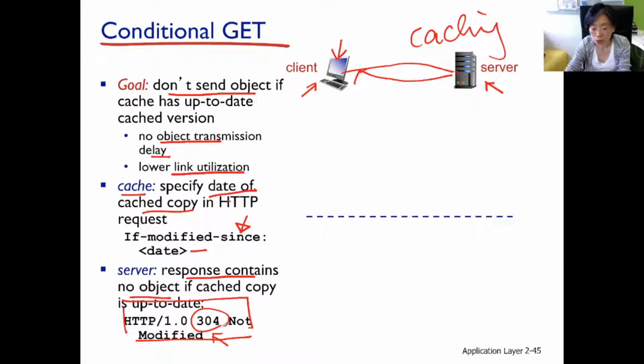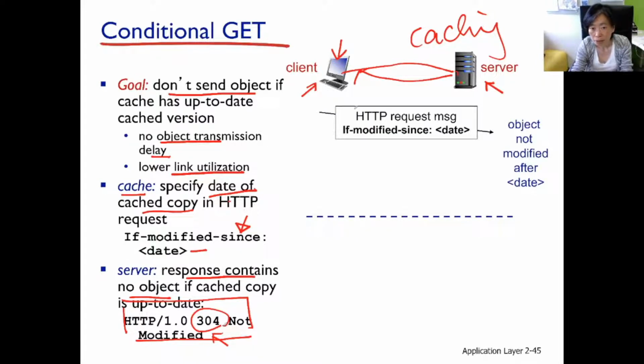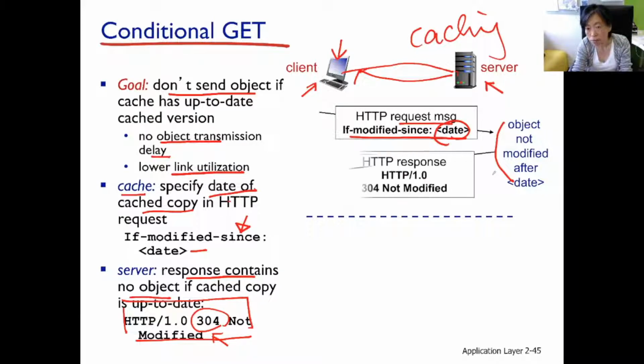And the way it works is more like this. Let me illustrate. The second time, the client requesting the web object sends a request message with this in the header line: If-Modified-Since, the date the page was downloaded the previous time. And if the server finds that it's not yet modified, then it sends back a short HTTP response carrying the status line.